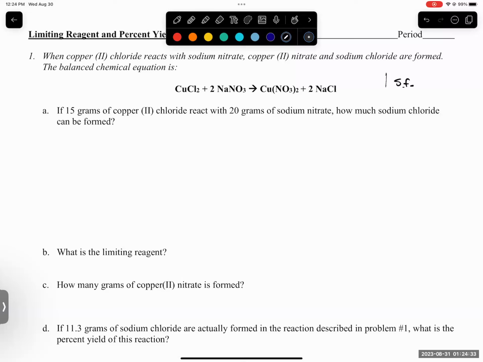It's asking for how much sodium chloride can be formed, and it also gives us the mass of each reactant. So I want you all to ingrain this in your mind: if you get information about more than one reactant, you need to automatically think about limiting reagents. Whether it's 3 reactants in a chemical equation or 2, if they give you more than one mass for the reactants, you need to think immediately about the limiting reactant.